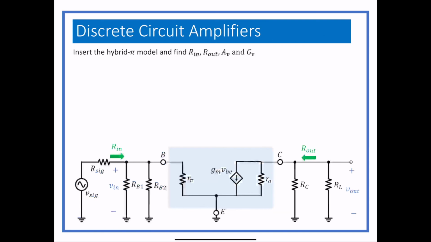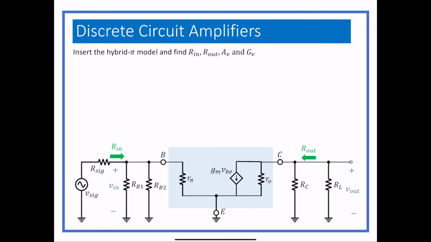Now, Rin is going to include all the bias circuit parts, because the bias circuit is part of the amplifier. So Rin is actually behind the two base resistors. When we take our value of Rin, we have to take the two base resistors in parallel with r pi.